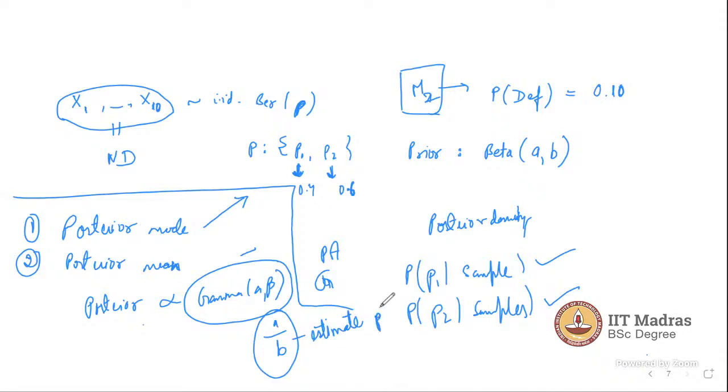So these are two different methods to find the estimate, one is mode and one is mean. There is also the posterior median that we have not seen in this course.